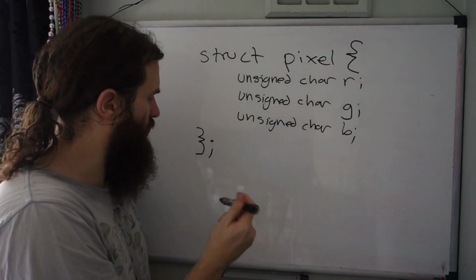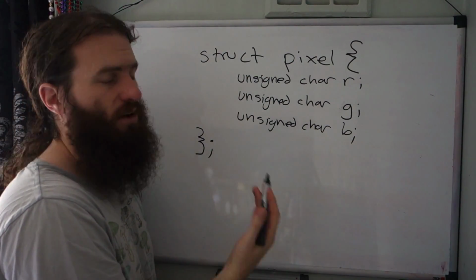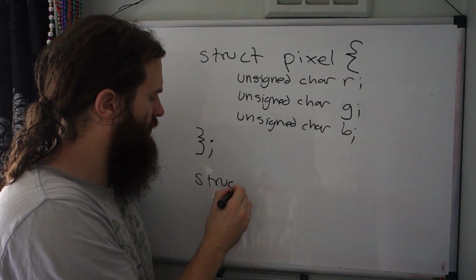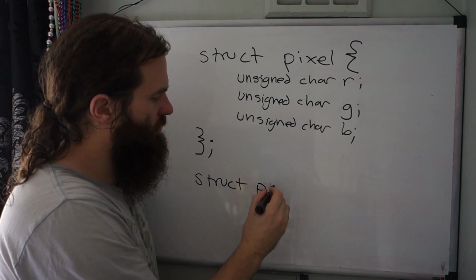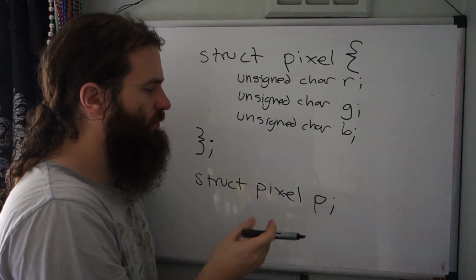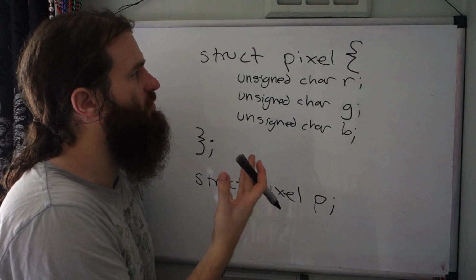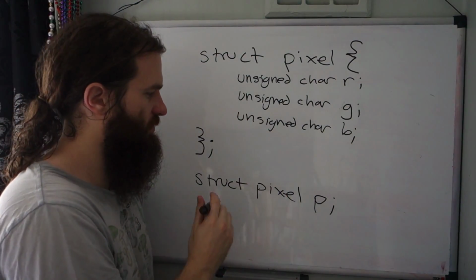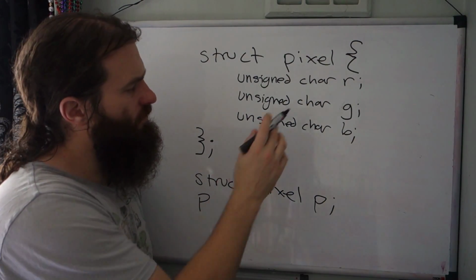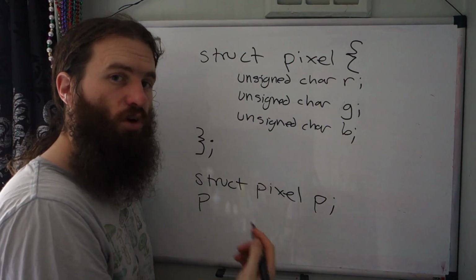What we can then do is use that as a variable. To do that we can say struct pixel p. Now p is a variable that has been declared with this new type that we've created, essentially a new type called struct pixel. We can then set the values associated with our pixel p by using dot notation.